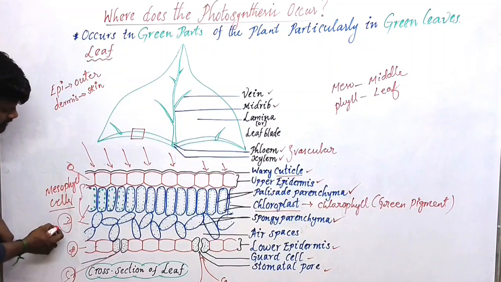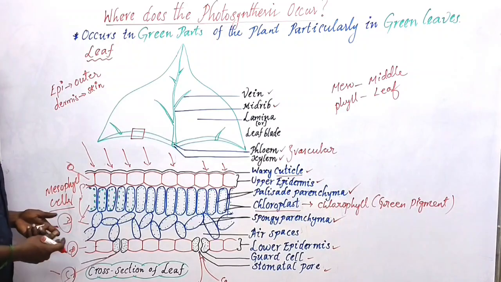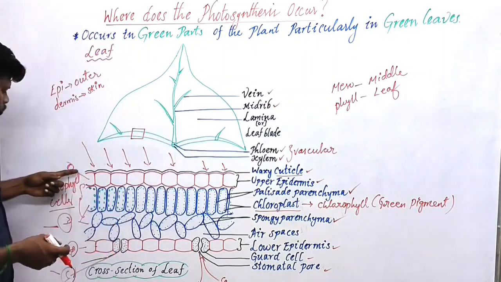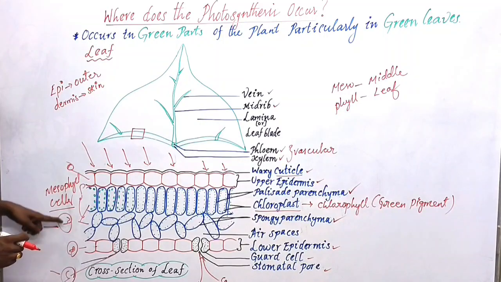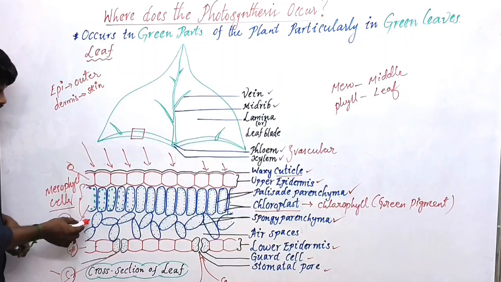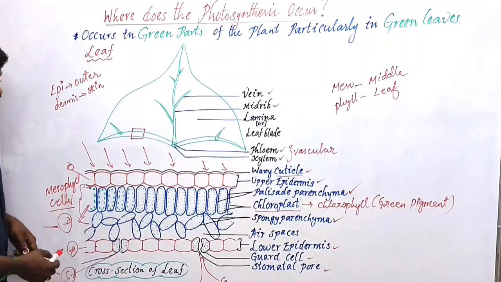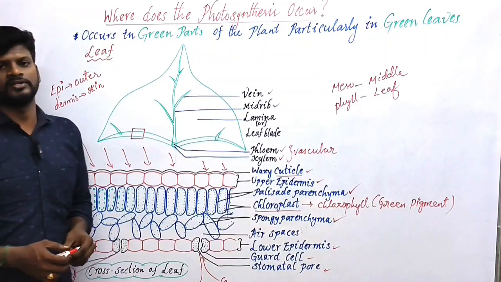Option 3, sorry, labels 3 and 4 are capable of photosynthesis. The options can be like option A, 1 and 2; option B, 1 and 3; option C, 3 and 4; option D, 1 and 4. Such kinds of options can be given. So you need to make sure that the mesophyll cells and guard cells are capable of photosynthesis.